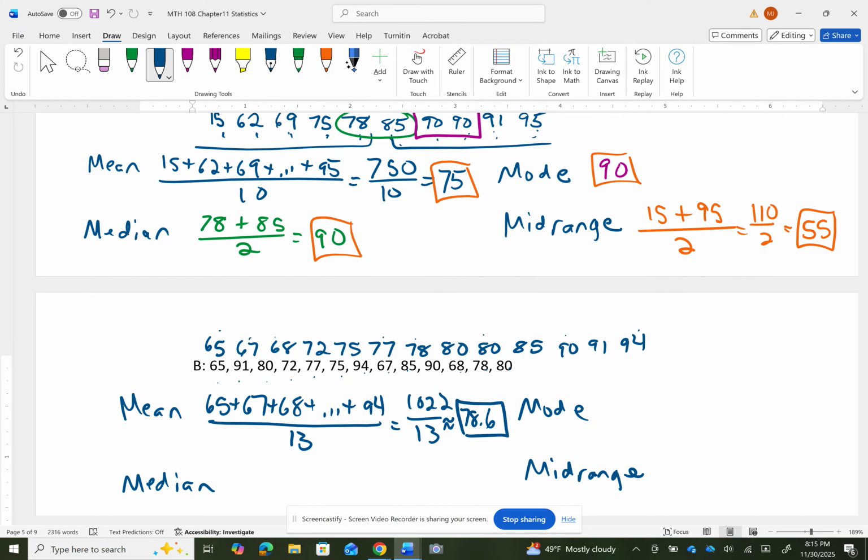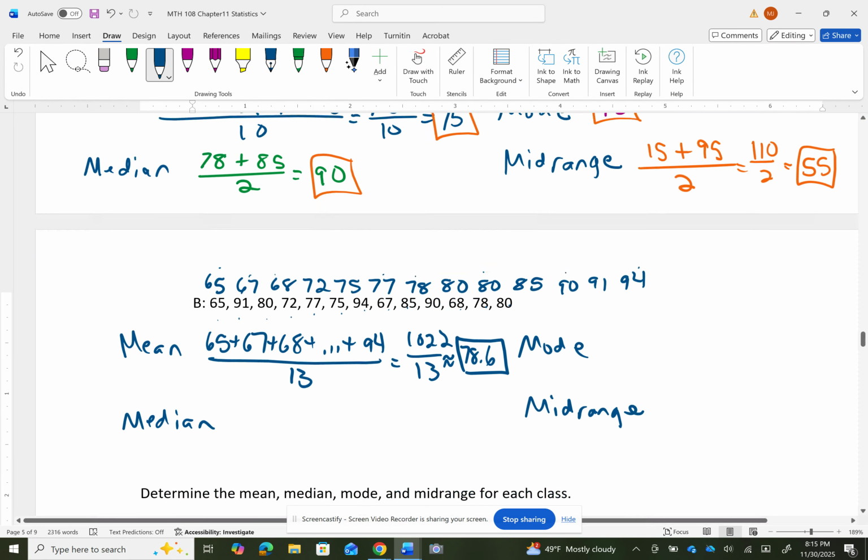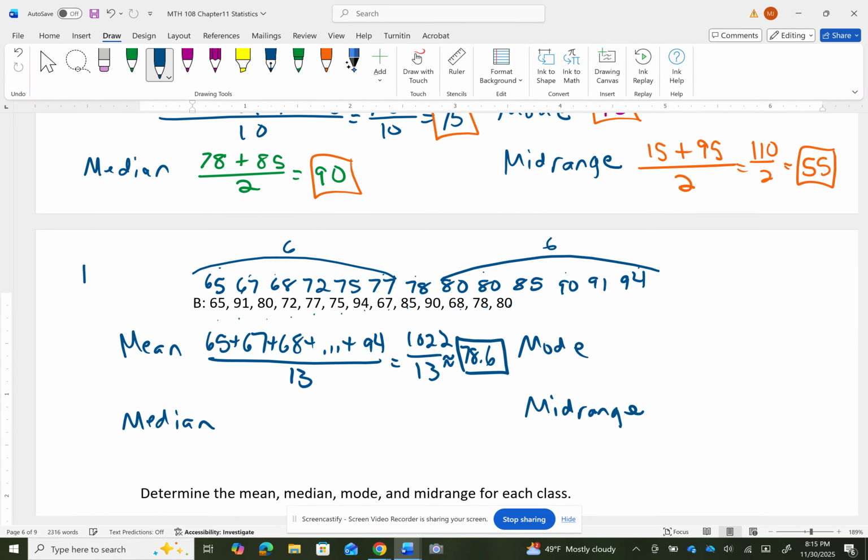78.6, okay? For the median, if there's 13, then notice how there'd be 6 low ones, 6 high ones. It helps to think about this. 13 total, right? So 6 at the bottom, 6 at the top. So then there is a middle value right there. So I don't have to average anything.